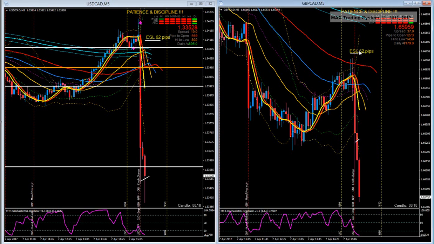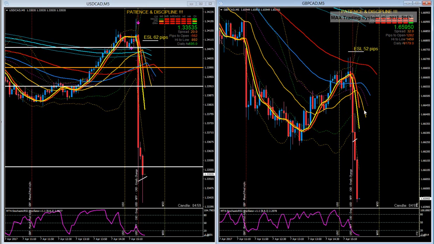We are not afraid with these large numbers, even in a small time frame like the 5-minute time frame, because this is the way to avoid being stopped out too fast when the price is making some spike in the opposite direction.